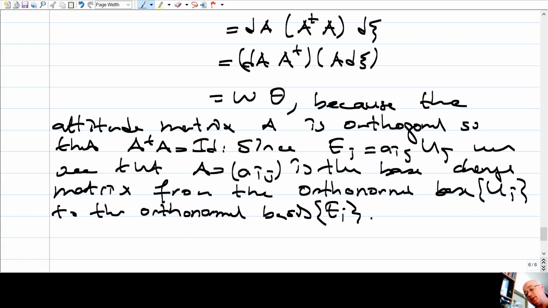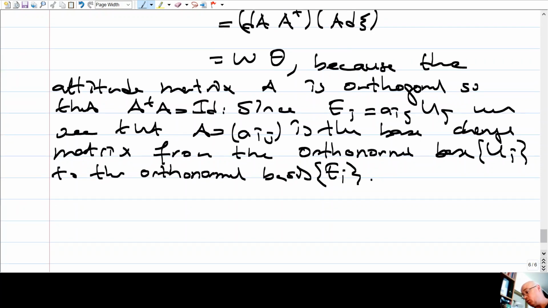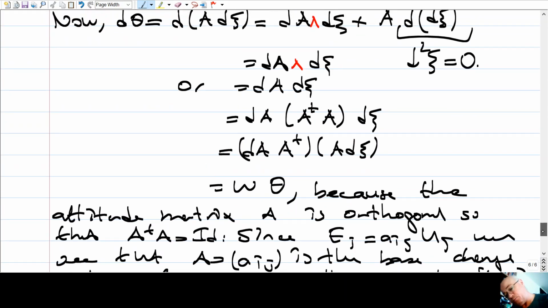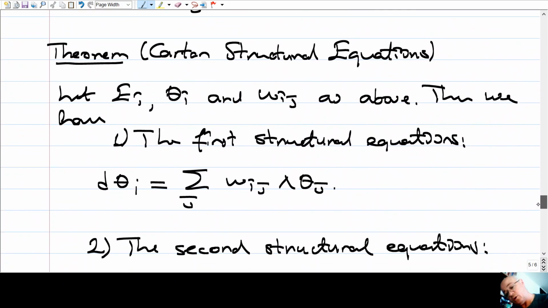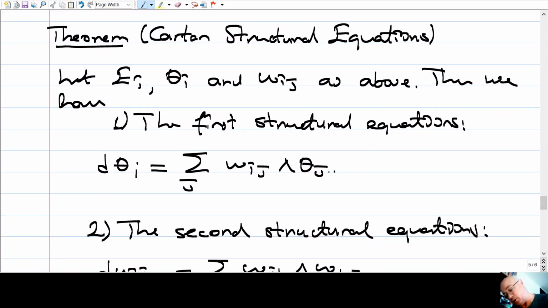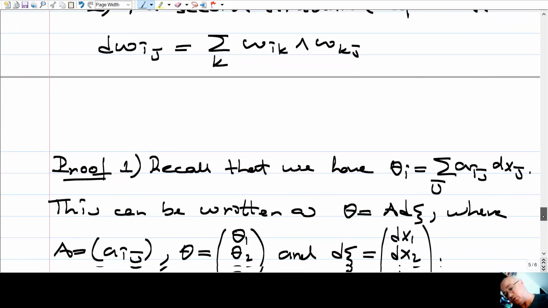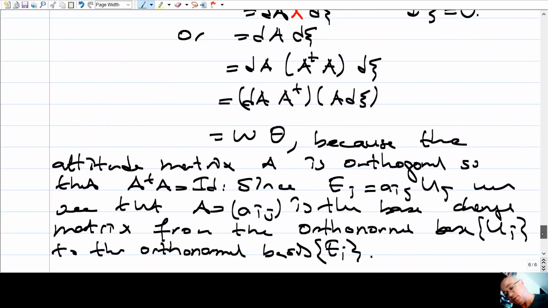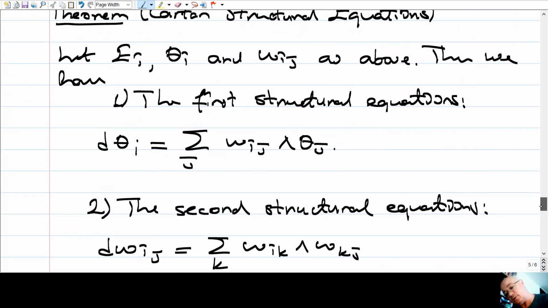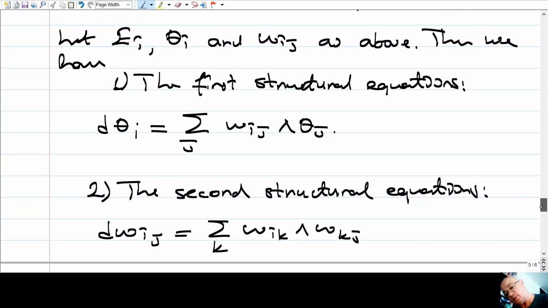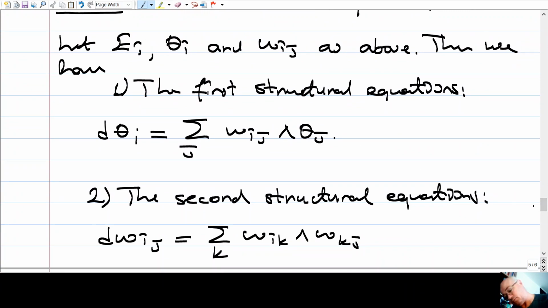Therefore, A dot A transpose is equal to identity. So this proved the first claim, the first structural equation, right? Yes, so the matrix W is multiplied with this.